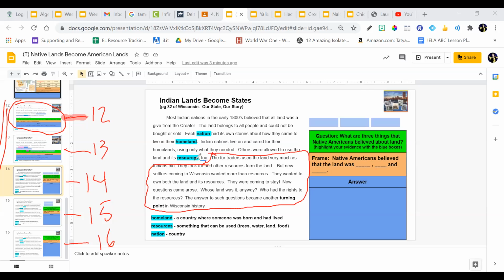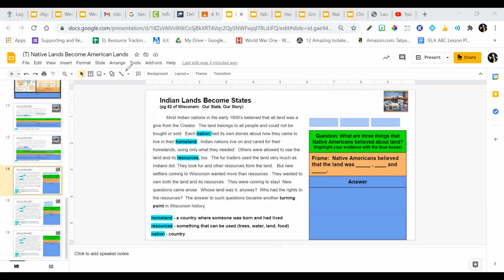And this is talking about the same idea, but they're a little bit different in what they're talking about. This is talking about what did the Native Americans believe. Okay, and this part here is talking about what happened. So now I need to find out, what did the Native Americans believe?